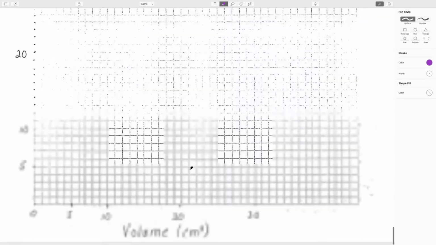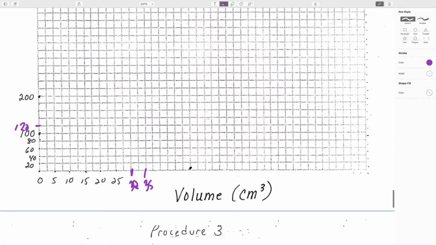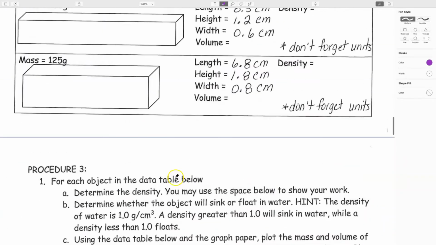If you go back to your graph, this is 0, this is 20. 15 is going to be a little bit more than halfway, so 15 would be about in here, and a volume of 2. This first line is 2.5, so a little bit to the left is going to be your first plotted point.